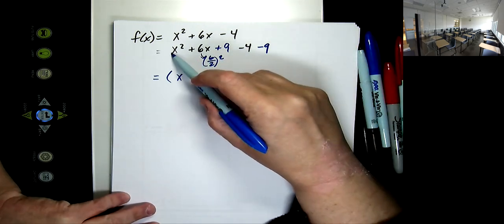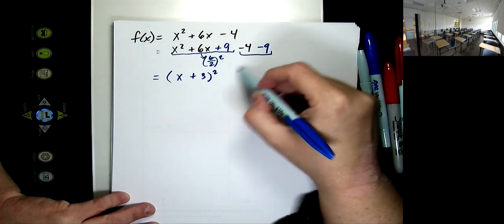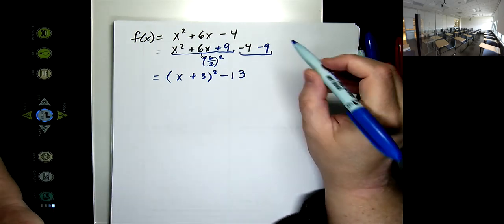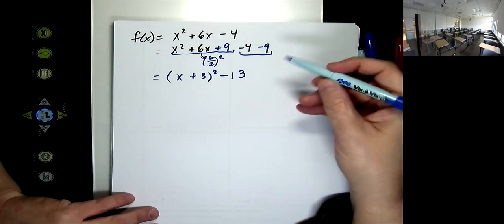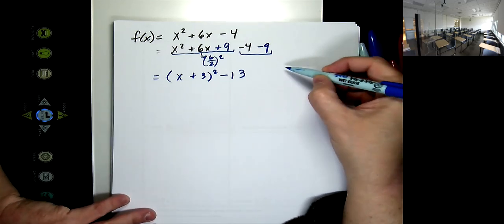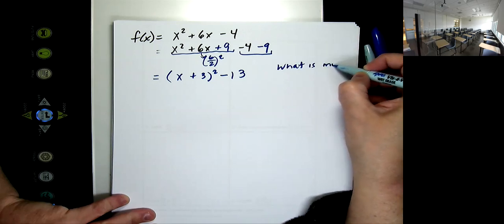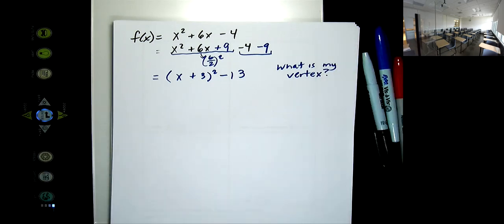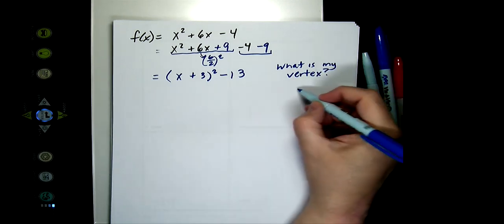This part makes up the x plus 3 squared. And the -4 and -9 gives us -13. So what is my vertex? It's -3, -13.